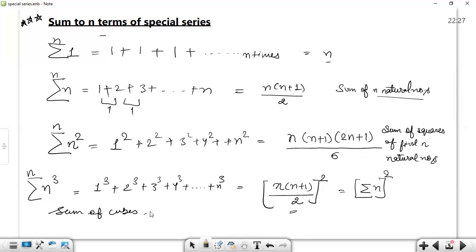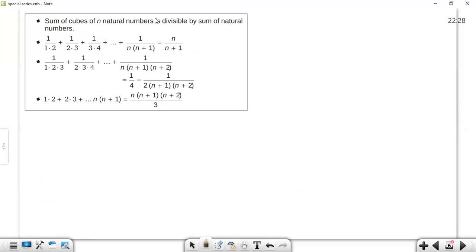And this is the sum of cubes of first n natural numbers. Natural numbers are 1, 2, 3, 4, or counting basically. The sum of cubes of n natural numbers is divisible by the sum of natural numbers. Why?